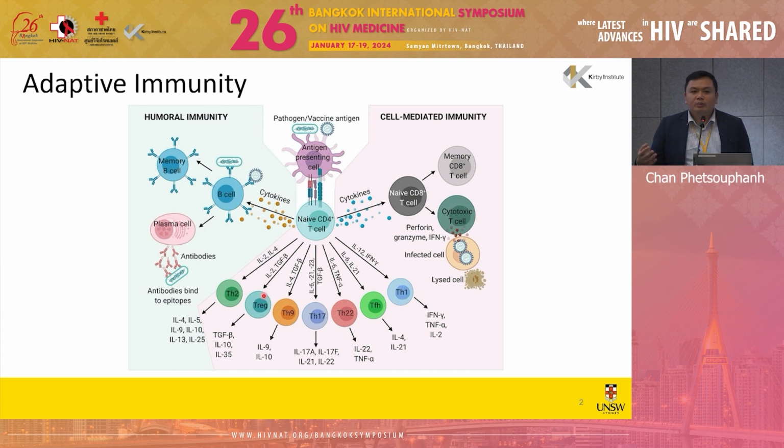Th2s are involved in allergy, driving IgE, and are involved a lot in asthma and other autoimmune conditions. Regulatory cells suppress inflammation and immunity. So they basically create a homeostatic environment where you are able to mount a response to clear virus, but it doesn't become inflammatory.